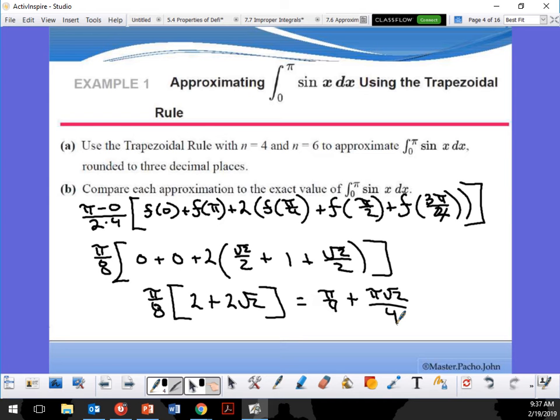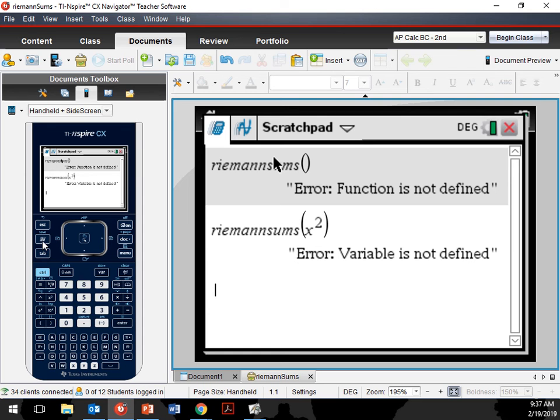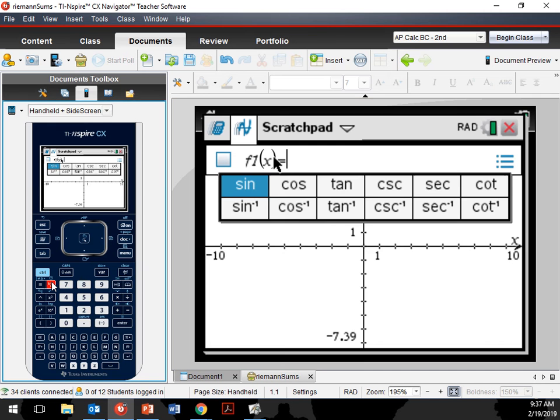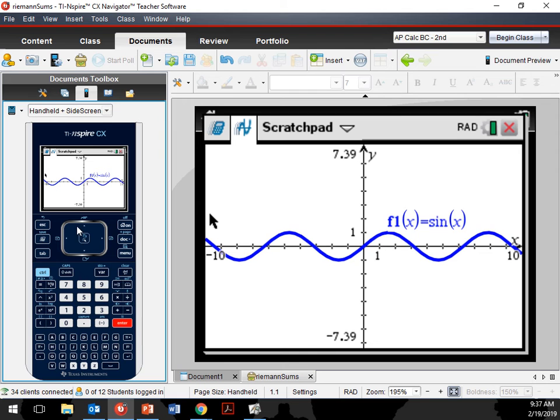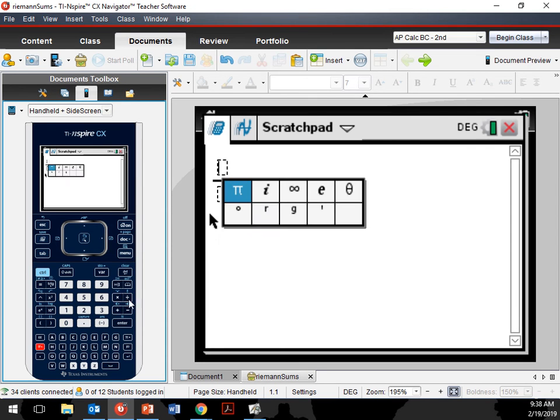Remember that Vars in your calculator? You want to put the sine in there. Put sine x, and that makes this a whole lot quicker. There we go. Put my sine x. Okay, there we go. Get back out. So we said, what was it, just pi over 8? Yeah.